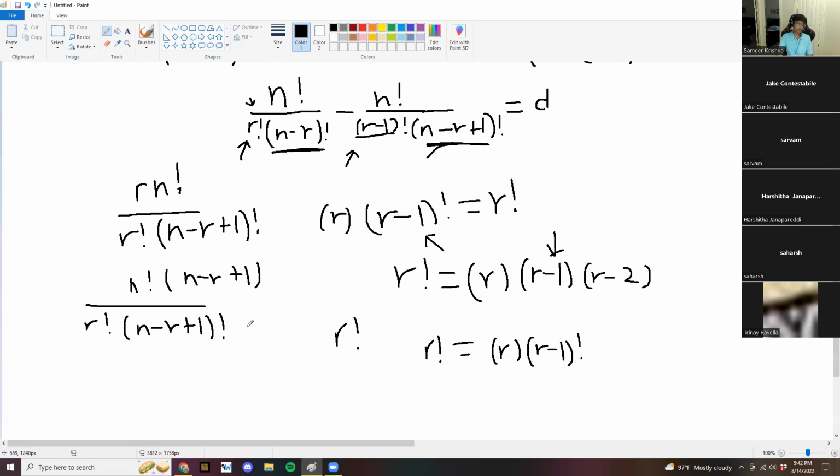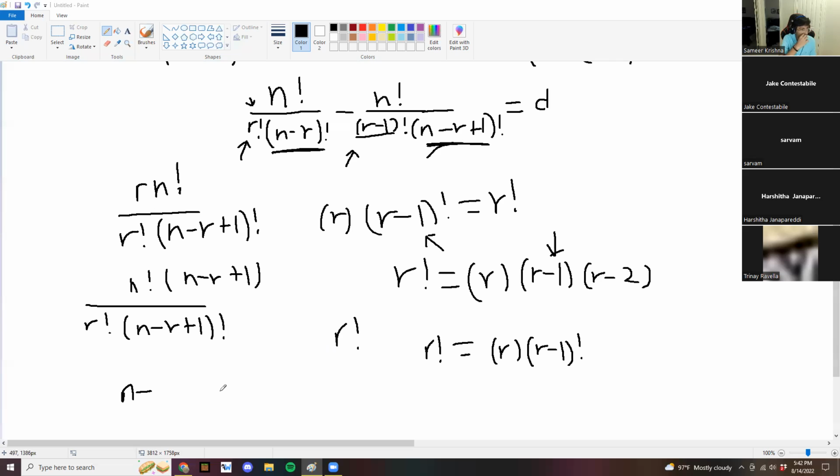So you could write this out as n minus, wait. The denominator is the same.